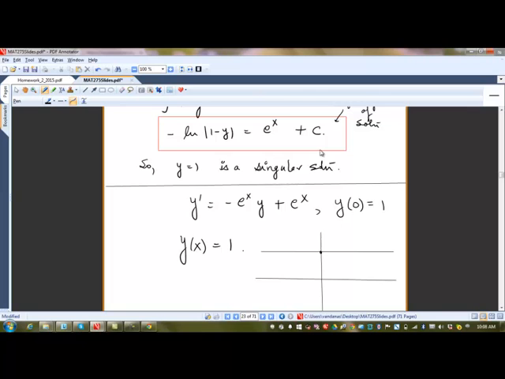And the reason they don't touch and cross, because if that happens, what will be the problem? If they touch or they cross each other, it will exploit this idea of uniqueness of a solution. So if I have two solution curves like this and they are crossing at this point, then I can pick this as an initial condition.